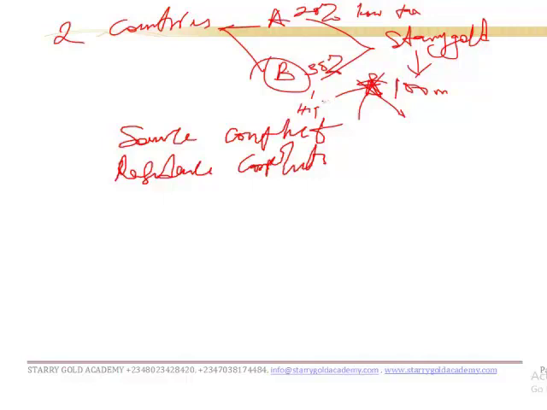So there are a number of conflicts which can arise in international taxation. These are such as source conflicts, where two states claim that the source of income comes from their country, and residence conflict, which is residence source conflict, income characterization, and entity conflict, as stated by Tax Justice Network.